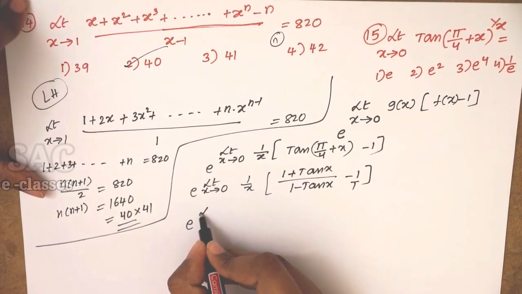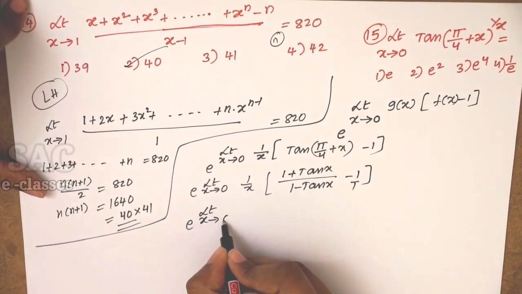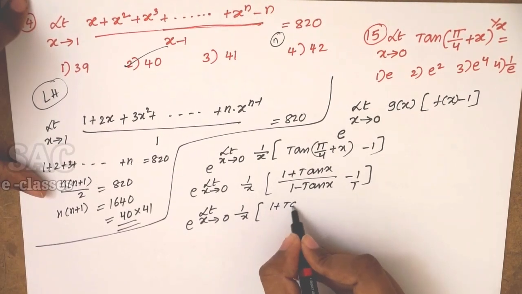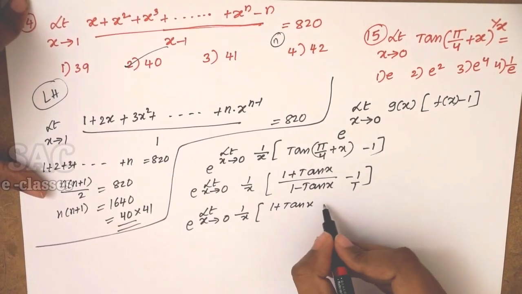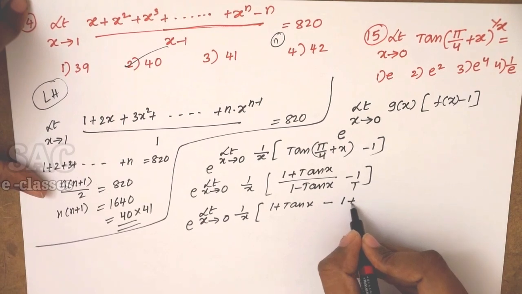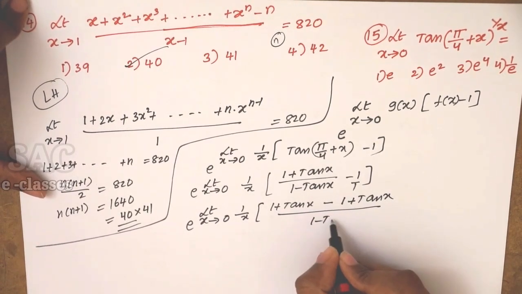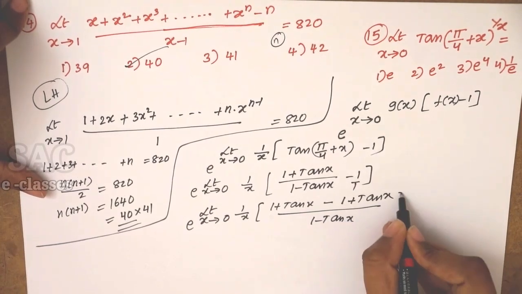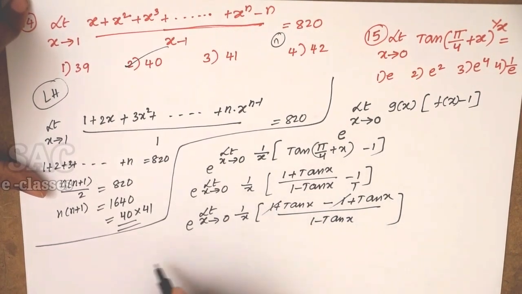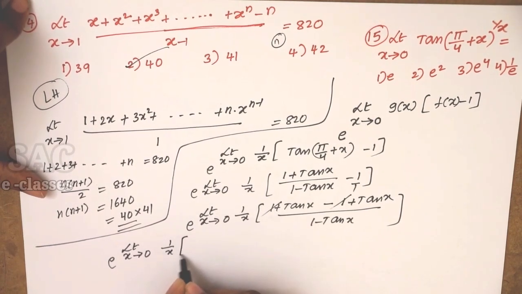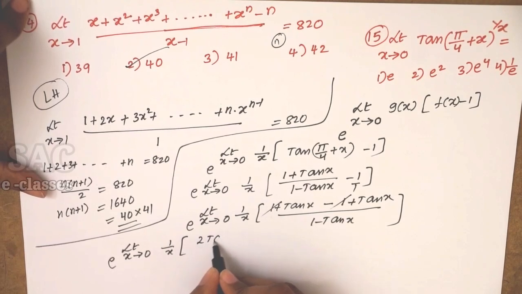Let's simplify. Limit x tends to 0, 1 by x into 1 plus tan x by 1 minus tan x minus 1, so e power limit x tends to 0, 1 by x into 2 tan x by 1 minus tan x.